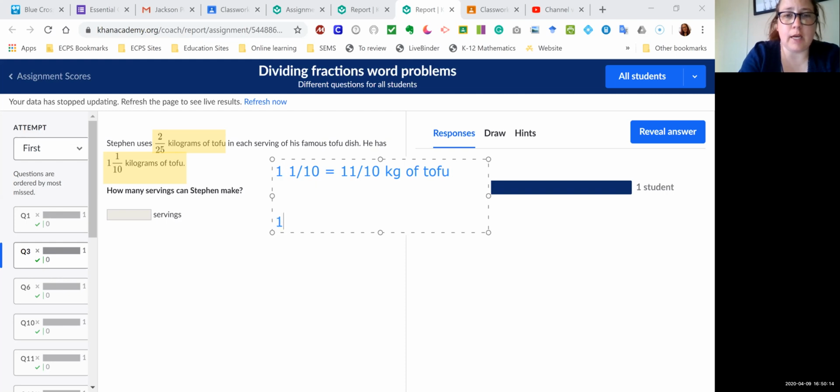So really I'm going to divide the number of kilograms of tofu it takes for one serving into that amount there.